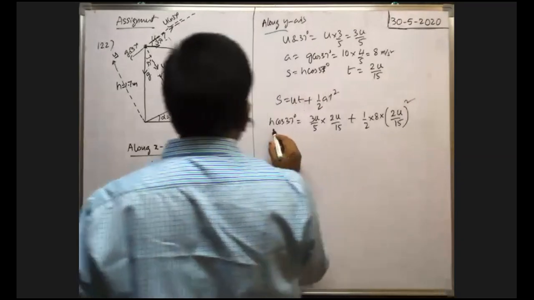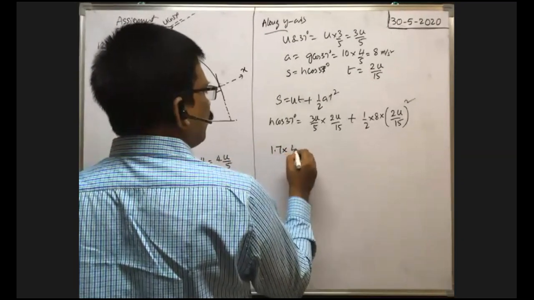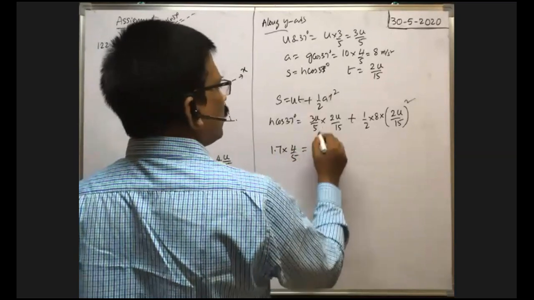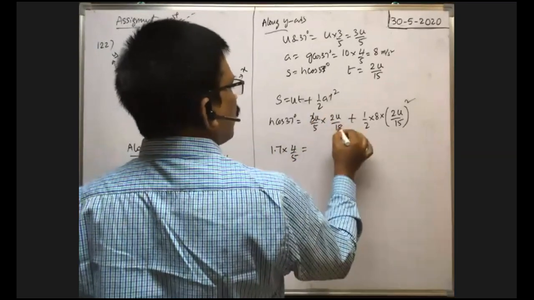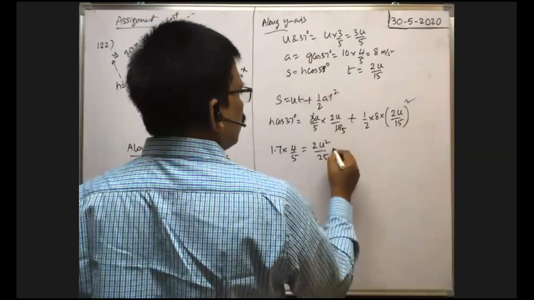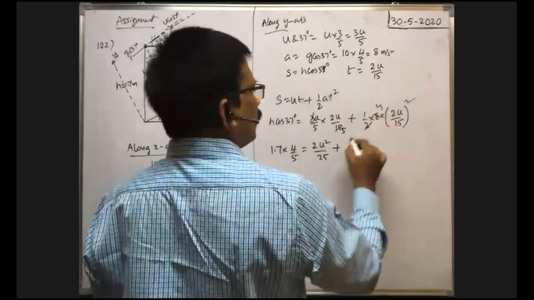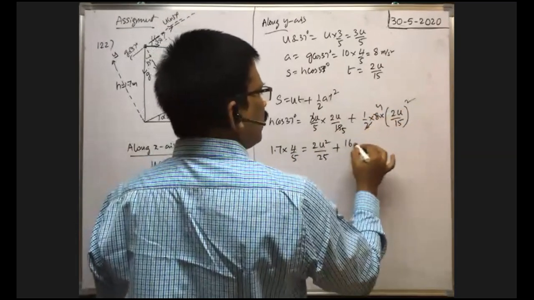Now h means 1.7, cos 37 means 4 by 5, is equal to 3 5s are, so therefore 2u square by 25, plus 2 4s are, okay, 4 4s are 16, 16u square by 15, 15s are 225.